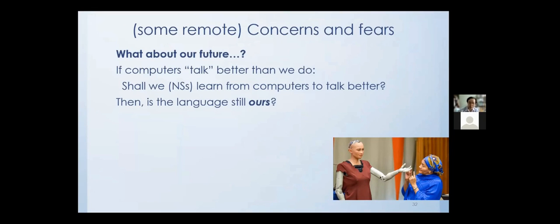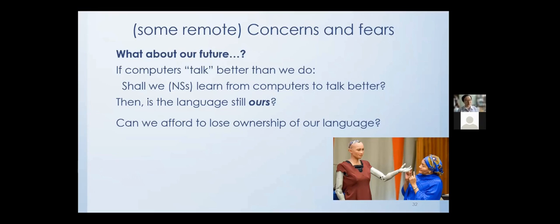I know that professional Go players are learning from AlphaGo to play better. Then what is left for us? Can we afford to lose ownership of our own language? Will the language be shared by another sort of speaker, computers, who sometimes do better than us in terms of vocabulary, memory, composing poems?